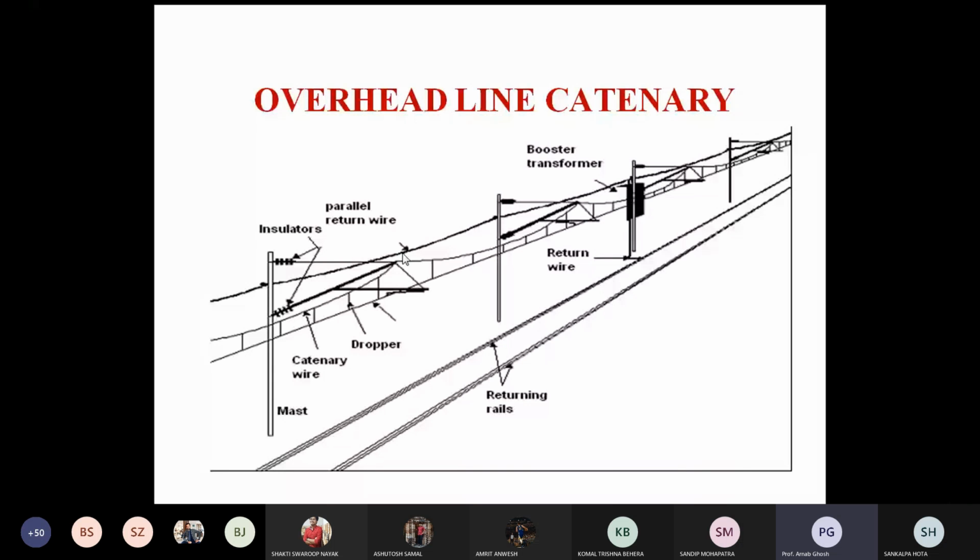It is directly going to another substation nearby. You can see it when you are traveling by train: at the side of the railway track it is written like SSE slash something, with values given.